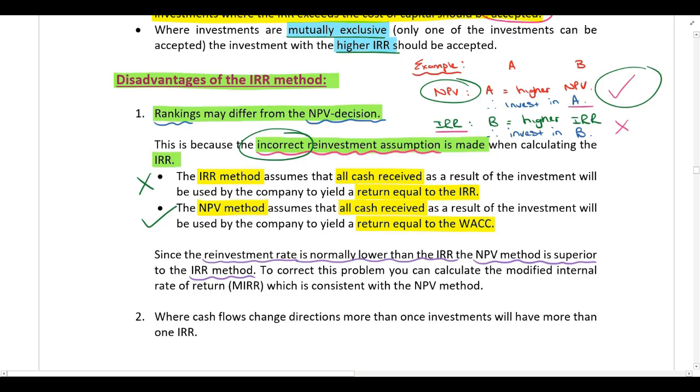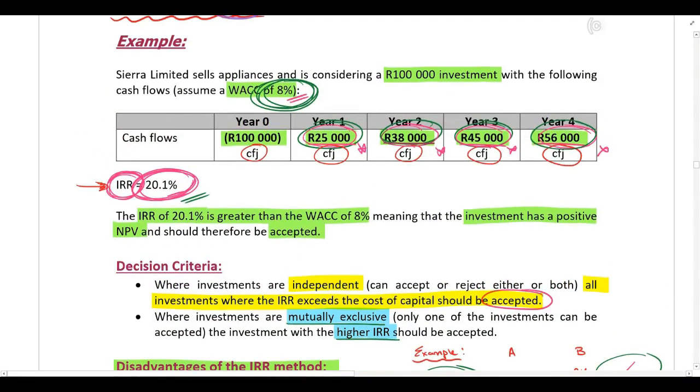So all I'm saying in that sentence is, with the internal rate of return method, we assume that these cash flows that we receive can be reinvested at the internal rate of return. However, that is not realistic. Chances are we will not be able to reinvest those cash flows at a rate of 20.1%. That is actually too high.